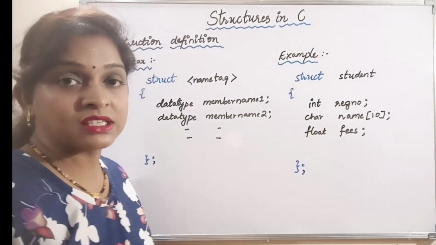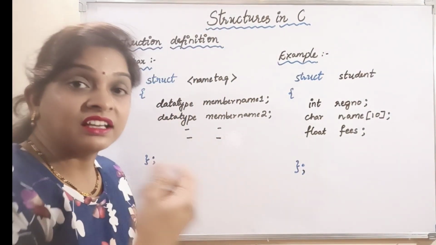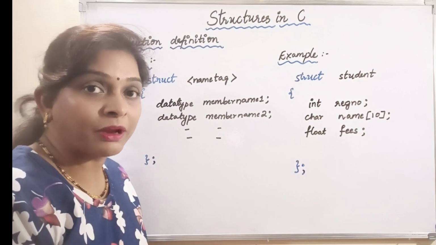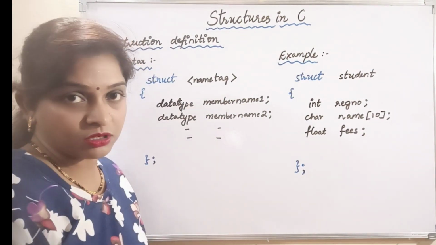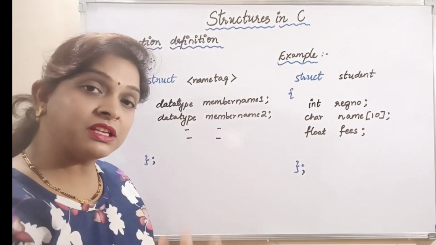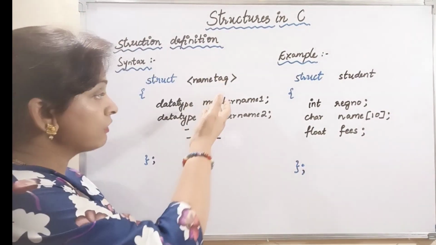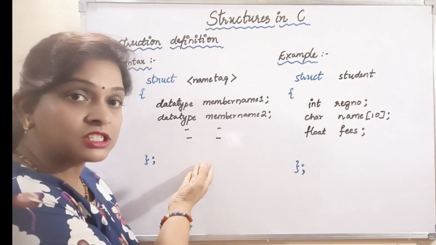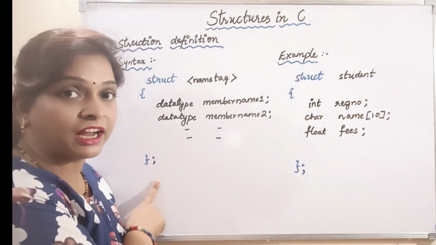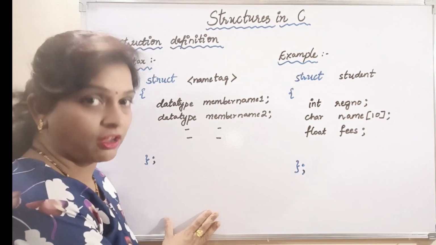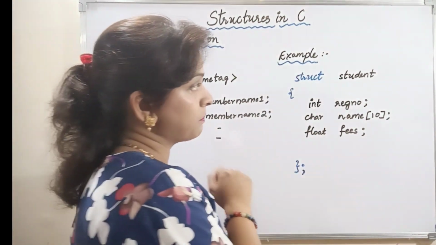Same way here also, when I say I am providing the details of the entity, means I need to mention the data type of every feature. So I just say register number means it will be integer. So I can have multiple members, then close the bracket and a semicolon at the end to close the structure definition. Let us see an example.